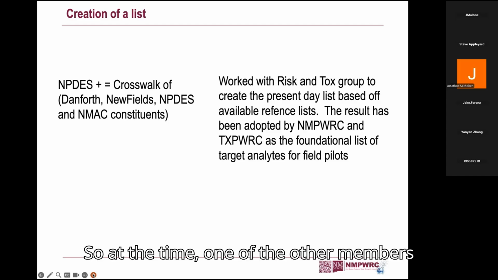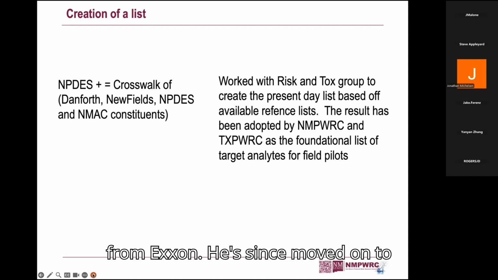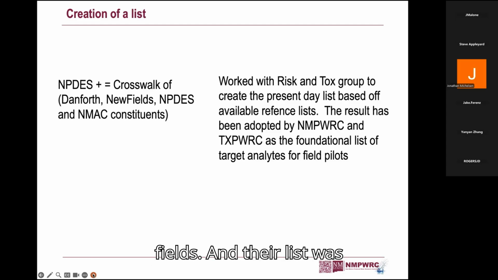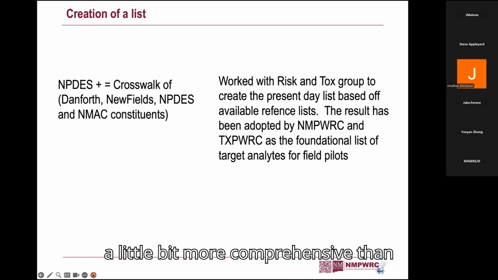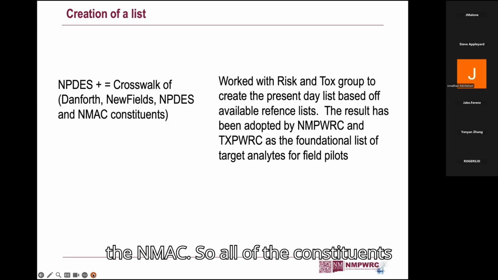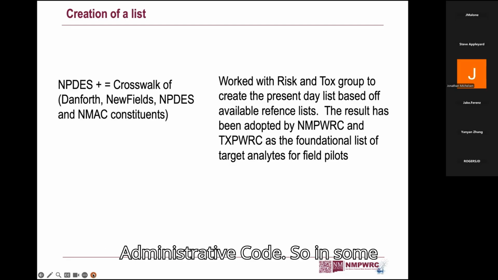At the time, one of the other members in the risk and tox group, Josh Butler from Exxon, who has since moved on to another role within the company, was doing some really good work with NewFields, and their list was a little bit more comprehensive than ours. So we crosswalked that list with the NMAC, all of the constituents that are enumerated in the New Mexico Administrative Code.